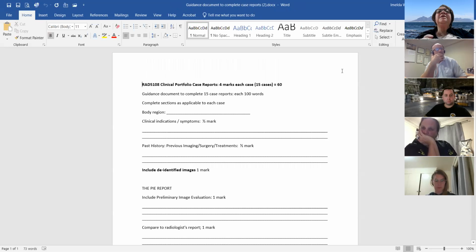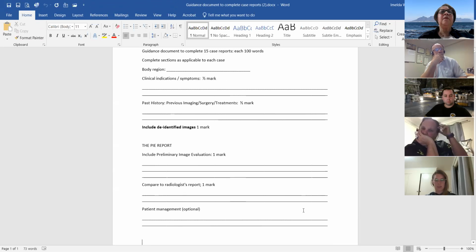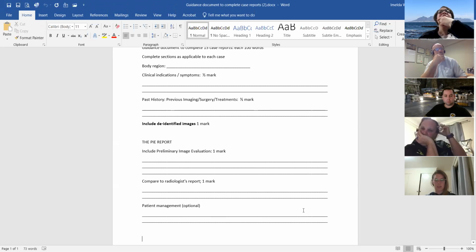And then also consider whether there's any past imaging or history that's pertinent to that case, and then provide your de-identified images, and then provide the PIE report, and that will be 1 mark, and the comparison to the radiologist's report is another mark as well. Yeah, so that is that guidance document. That's just to put everything together for you if you want to have a quick overview.